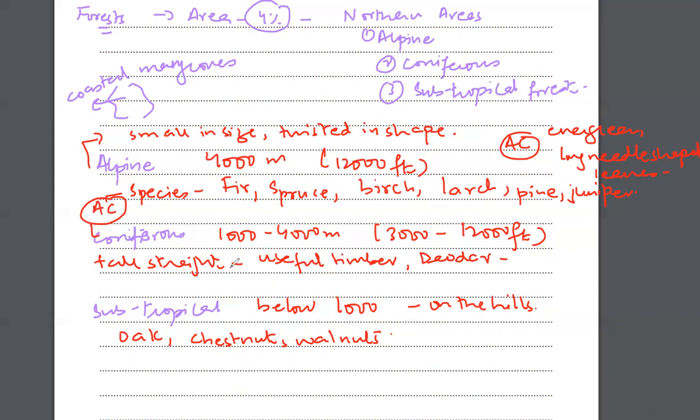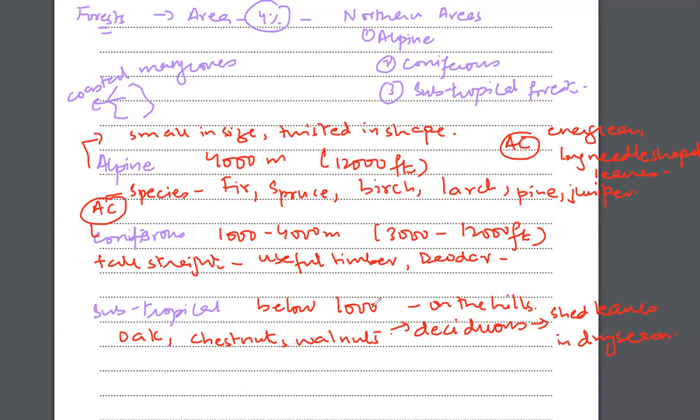Now when we talk about subtropical forests, they are deciduous. Deciduous means that they will shed leaves in the dry season.